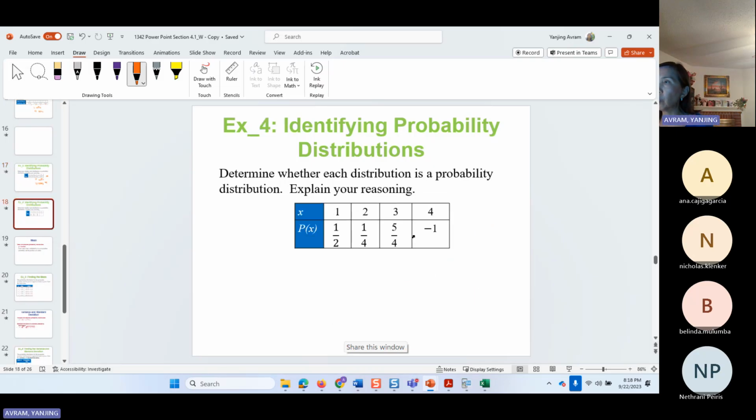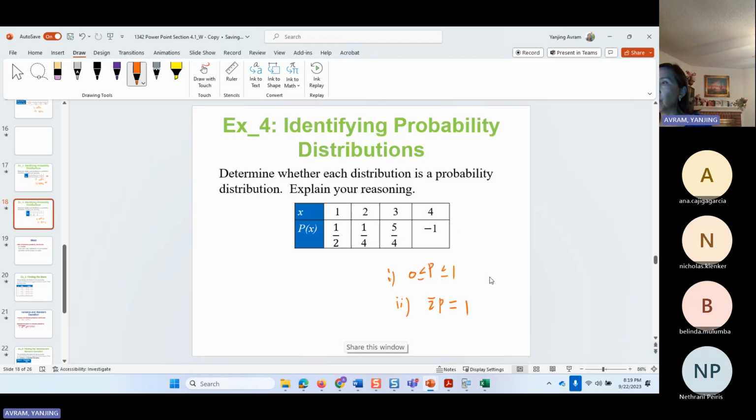Okay, let's look at this one right here. Is this a probability distribution? Well, if you look at this table, my P should be greater than or equal to 0 and less than or equal to 1. That's condition 1, right? Condition number 2, the sum has to be equal to 1. You have a negative 1 right here.